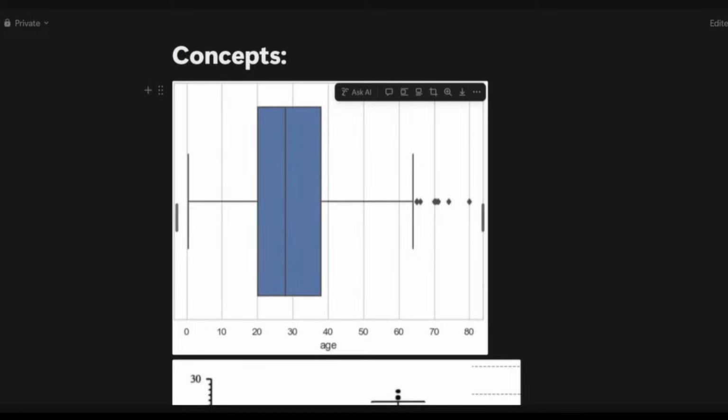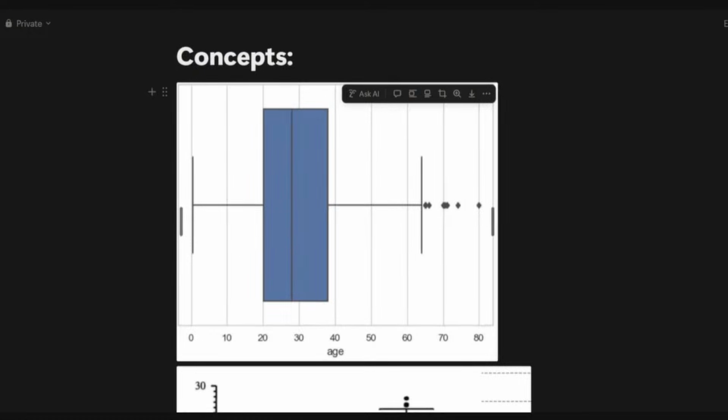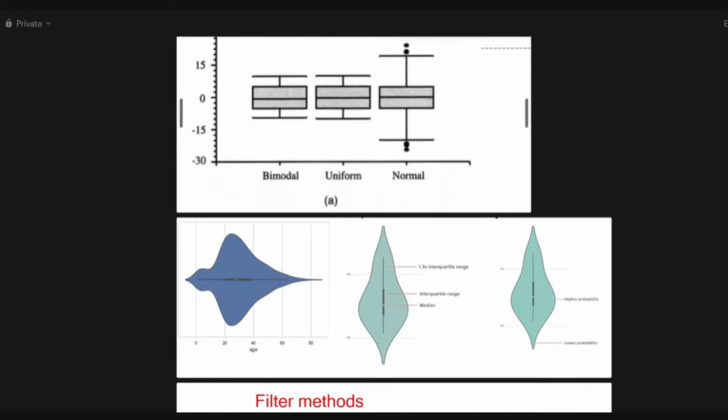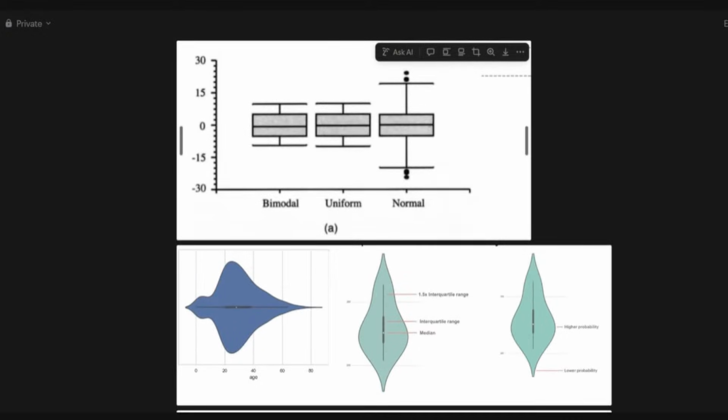A strength of this particular graph is that it gives a quick summary. It is really easy to compare multiple distributions, but the limitation is that it hides the actual shape of your distribution. Over here you can see that even though you have different modes present, it's a bimodal graph, it almost resembles a uniform graph.